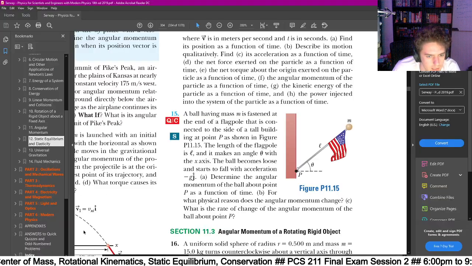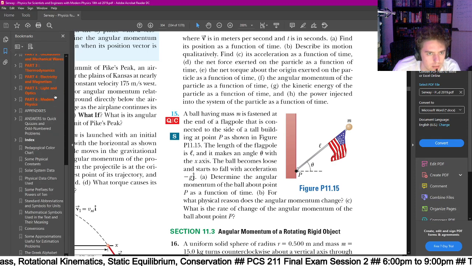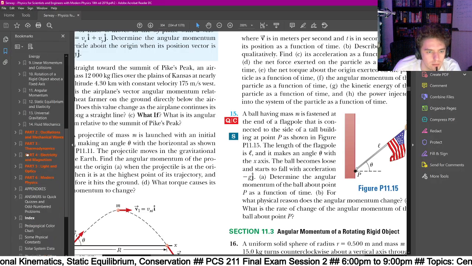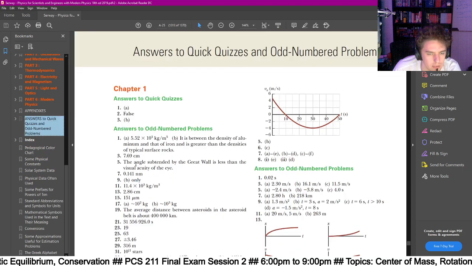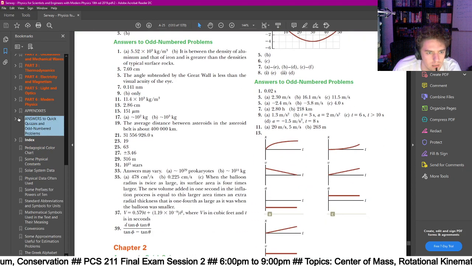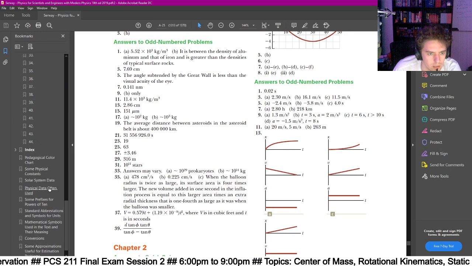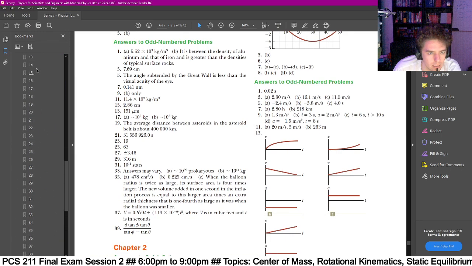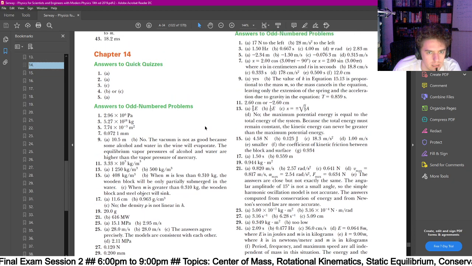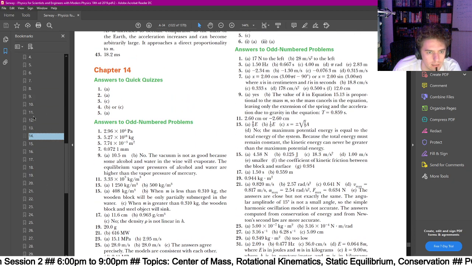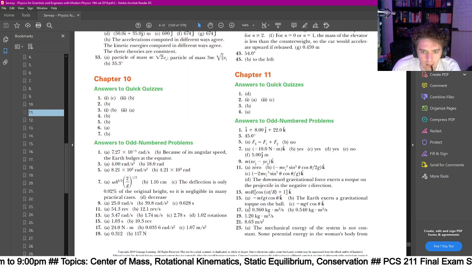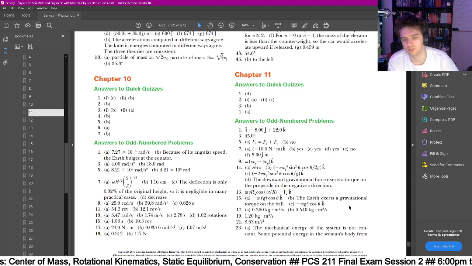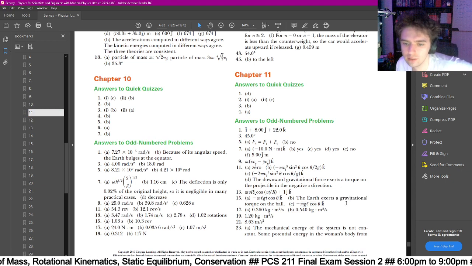Let's look in the book quickly. Answers to quick quizzes, chapter 11, number 15. I have mg. Yeah, that's right. Just get rid of the t because we take the derivative. That's right.